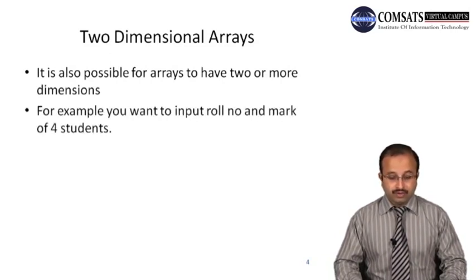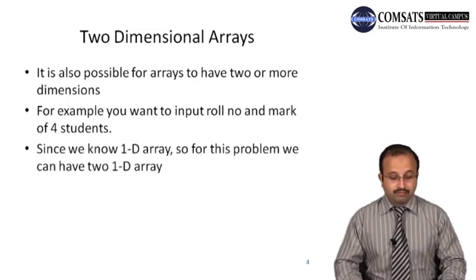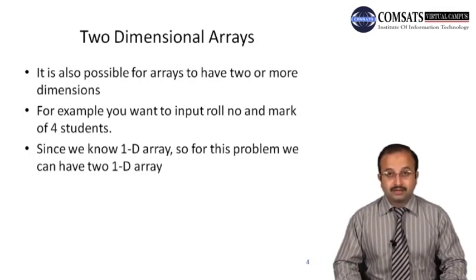For example, you want to input roll number and marks of 4 students. So what are the possible ways to write the program? Since we know one-dimensional array, for this problem we can have two one-dimensional arrays. The first one-dimensional array is for the roll number, and the second one-dimensional array is for the marks.